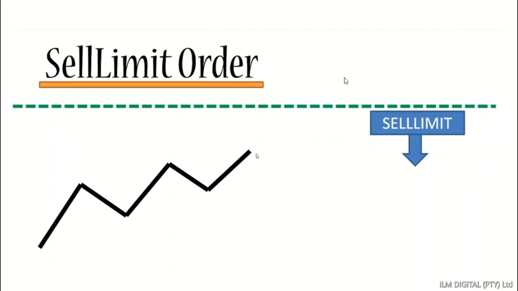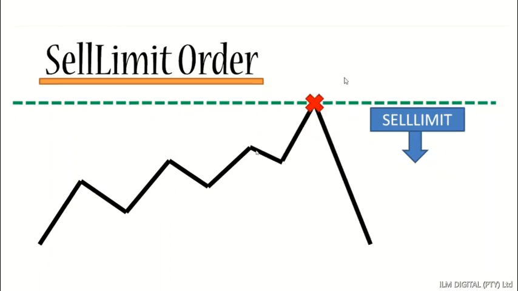With a sell limit, the market will move in an upward direction, and you think when it hits a certain area, it's going to bounce back and move in a downward direction. So what do you do in this case? You execute a sell limit, because this is the area where you feel that the price will exhaust and move in the downward direction.